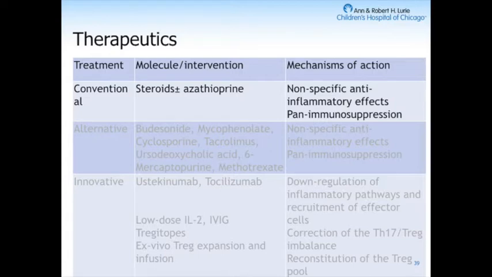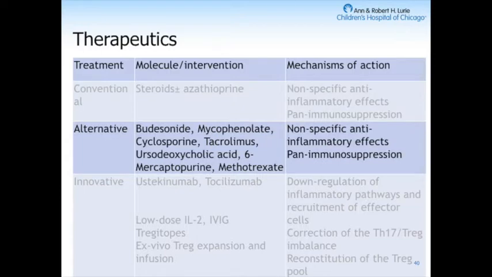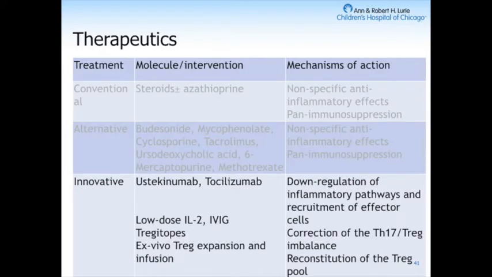So here are the usual therapeutics, steroids and azathioprine. They're nonspecific. They just immune suppress everything. Alternatives are budesonide, Cellcept, cyclosporin, tacrolimus. They're also nonspecific, and so are pan-immune suppressives. Some of the newer drugs, I would say, are still experimental.